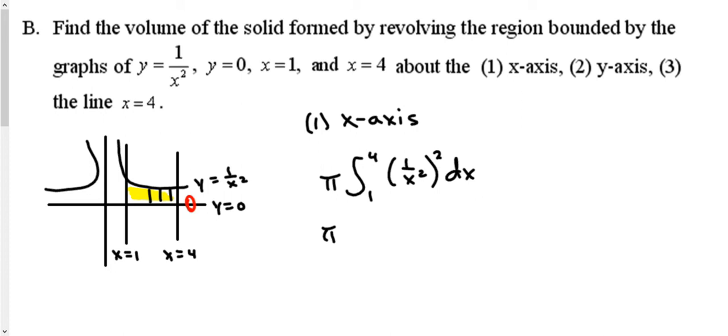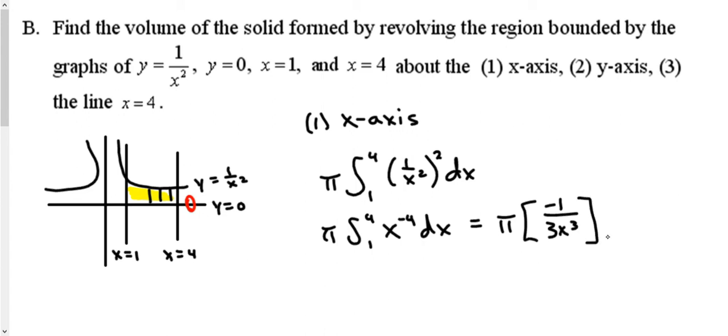So it's going to be pi times the integral from 1 to 4 of 1 over x to the 4th, which I'll think of as x to the negative 4. So I integrate that, I get x to the negative 3 over negative 3. So negative 1 over 3x cubed. And I do it from 1 to 4.